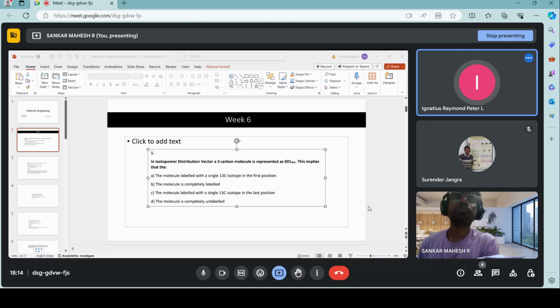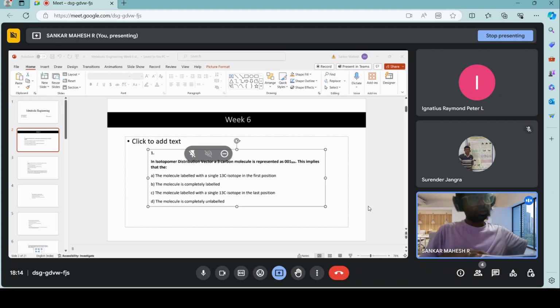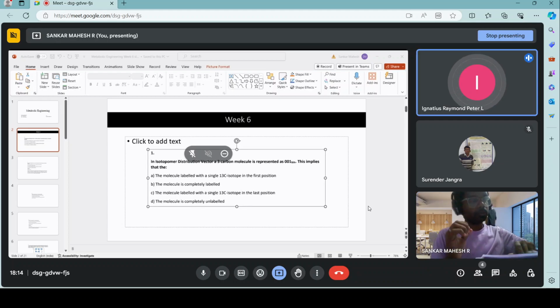Yes, sir. Am I audible, sir? Yes, you're audible. So, according to my understanding, isotopic distribution vector basically represents distribution of the labeling in a particular molecule.